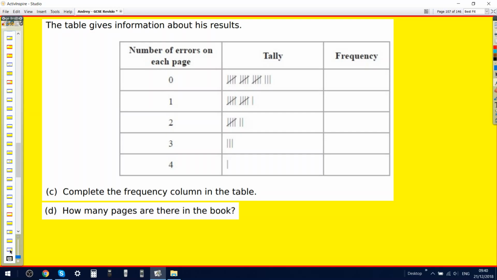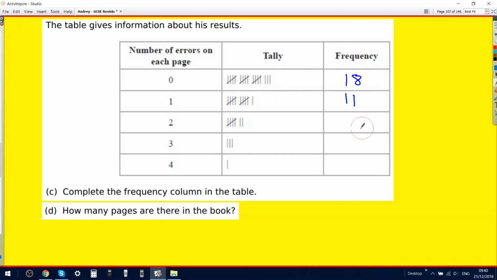Okay, how about these two? So 18, 11, 7, 3, 1.